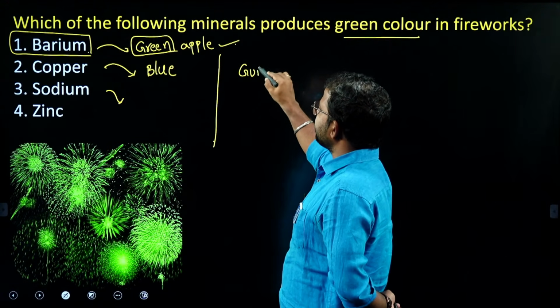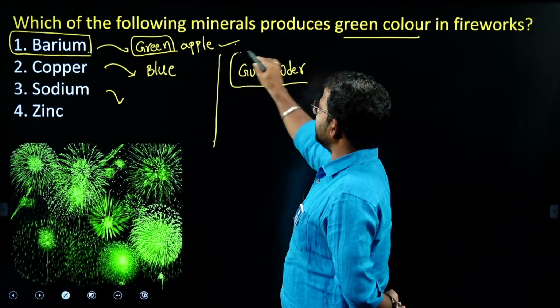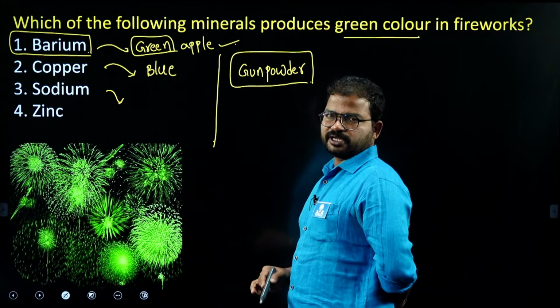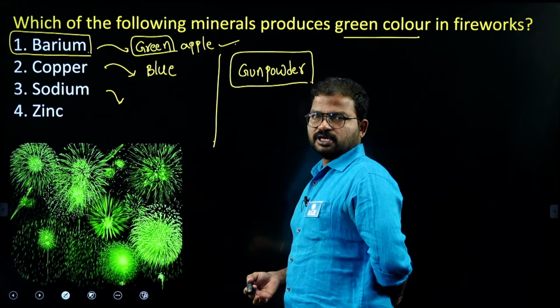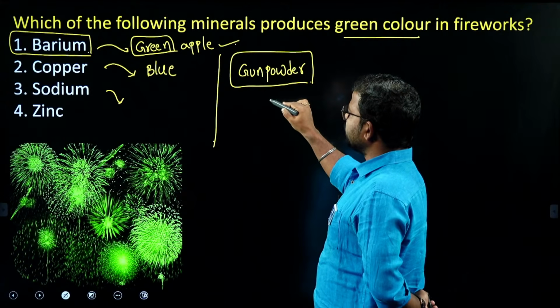Okay, so here which chemical is treated as gunpowder? To make fire crackers, mostly we use some kind of nitrate derivatives.